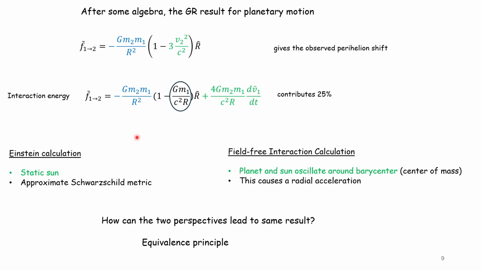So then finally, we can discuss how is it possible that Einstein's calculation, assuming a static Sun, can give the correct result? How can it give the dynamics? How can these two approaches be equivalent?